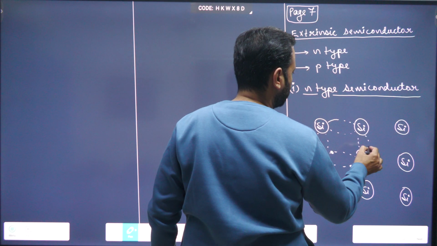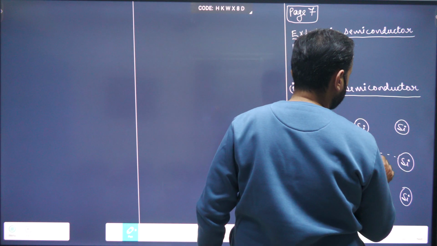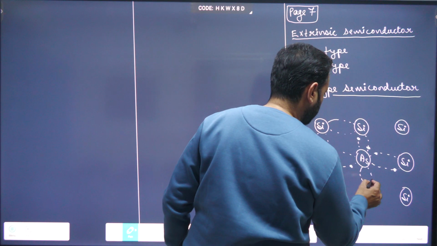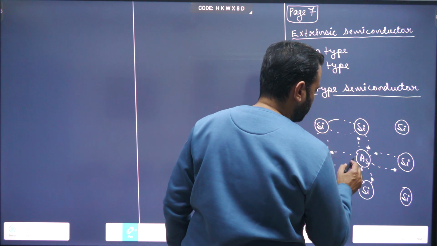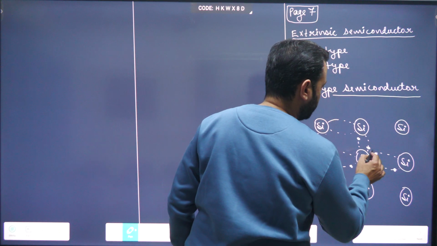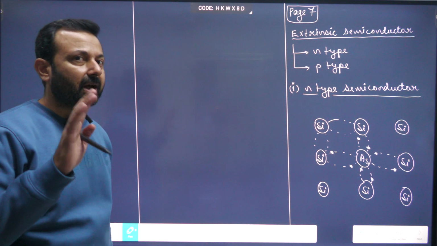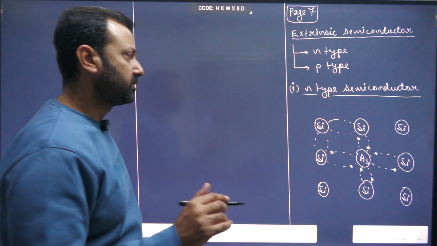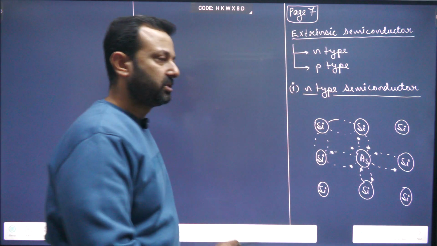In the same way, arsenic shares one electron with each neighboring silicon, and silicon shares one with arsenic. So arsenic has shared 4 electrons, but arsenic had 5 electrons because it is a pentavalent atom. So 1 electron is still vacant. One electron is still free to move.